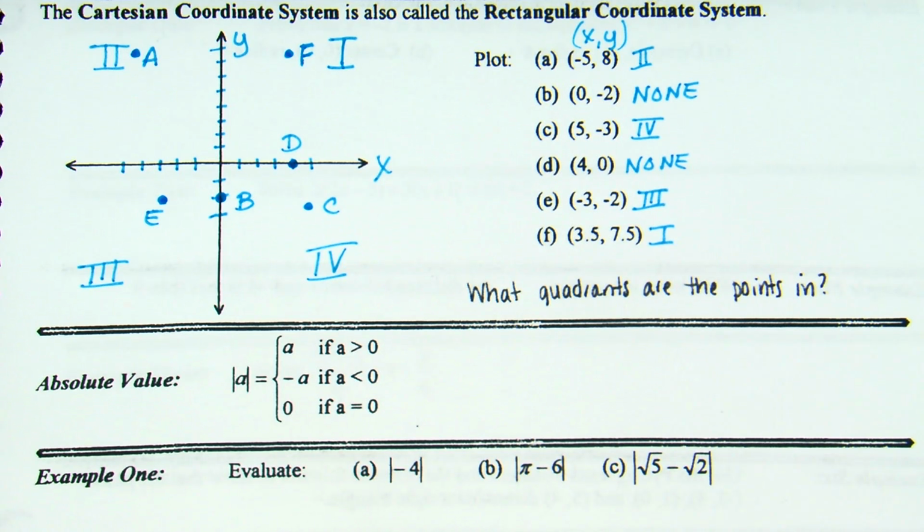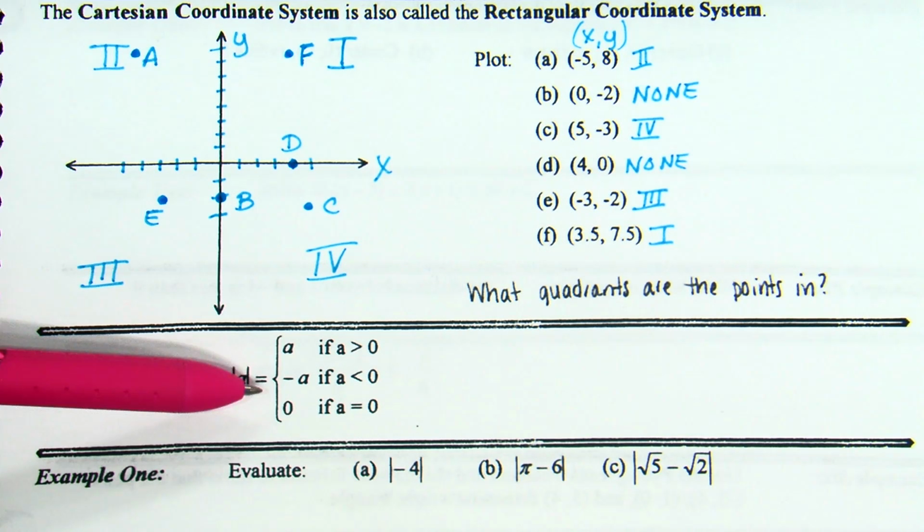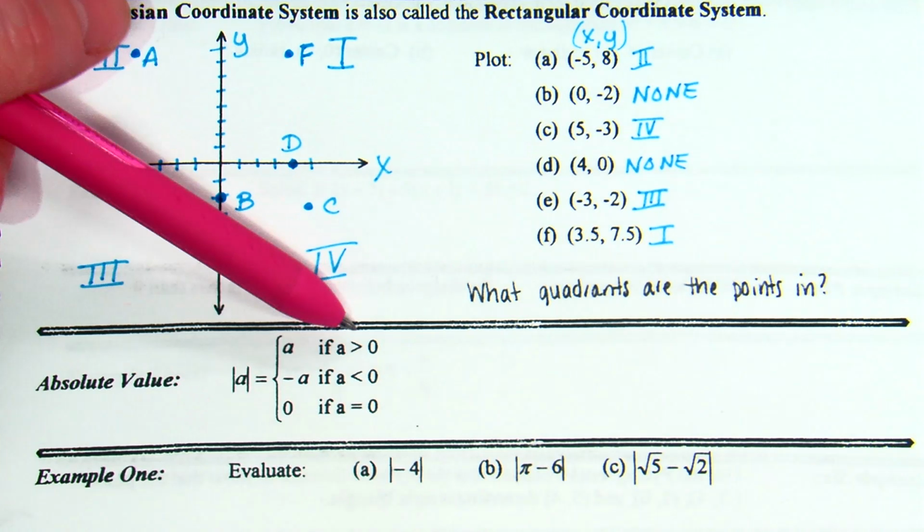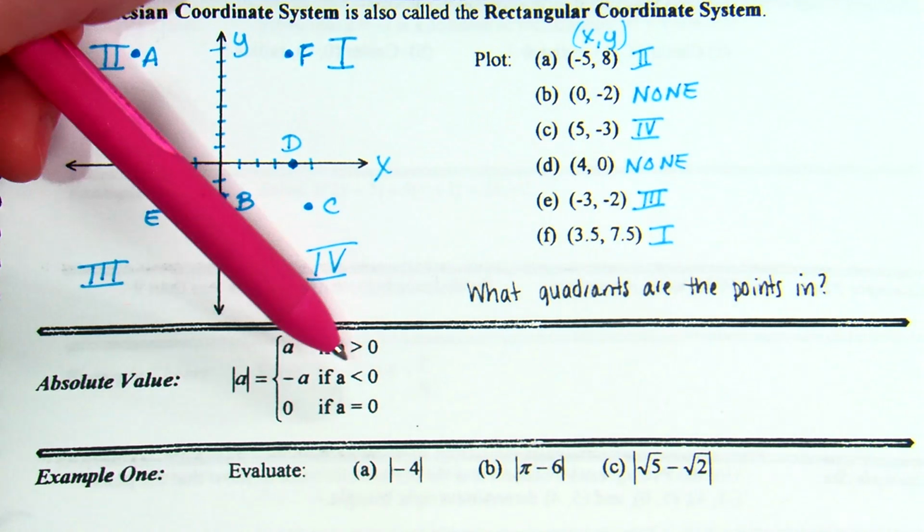Okay. So there's kind of an official definition of absolute value here. And it'll kind of make sense once we go through the examples. The absolute value of A, if A is bigger than 0, is just itself. It's A, right? That's what we know. The absolute value of A, if A is less than 0, and notice it says negative A here.